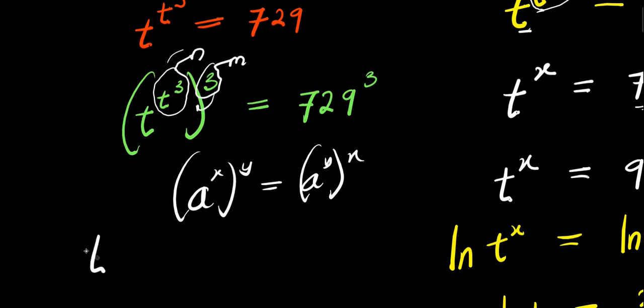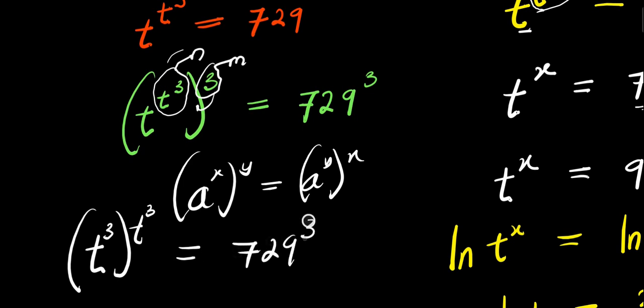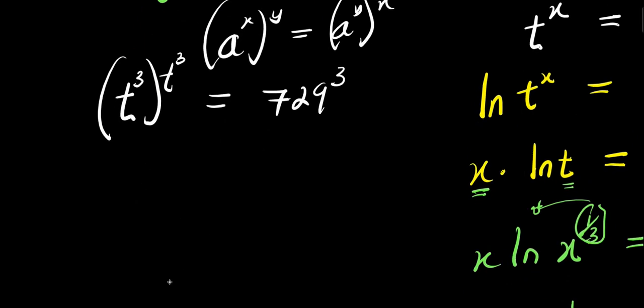That means we have t power 3 to the power of t power 3 equals 7 to 9 power 3. So from here, t power 3 to the power of t power 3 equals 7 to 9, like I said earlier.